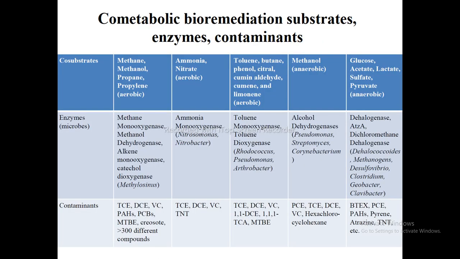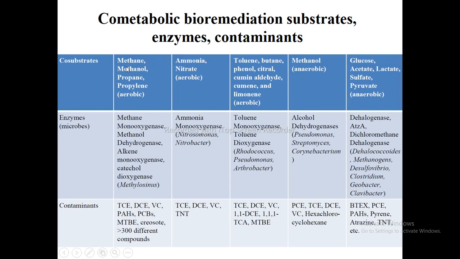Here you see the different molecules or co-substrates that can act as co-metabolites, like methane, methanol, propane, and propylene. All these can act as co-substrates for degradation of contaminants like TCE, DCE, VC, etc.